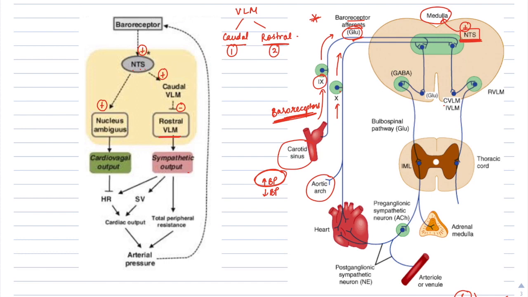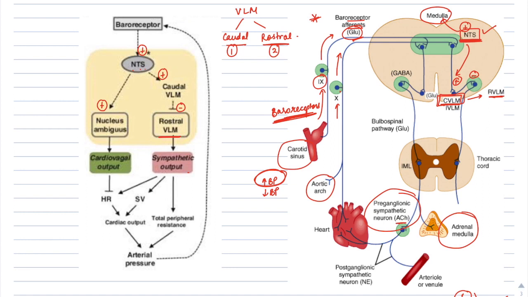So, when the baroreceptors are activated, they'll activate the nucleus tractus solitarius. The nucleus tractus solitarius will then activate the caudal ventrolateral medulla, CVLM. The caudal ventrolateral medulla then will inhibit the rostroventrolateral medulla. The rostroventrolateral medulla normally activates the adrenal medulla and the preganglionic sympathetic neurons, which release ACh.